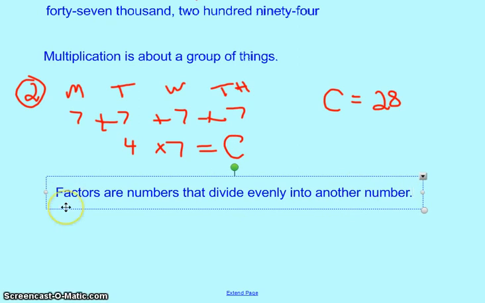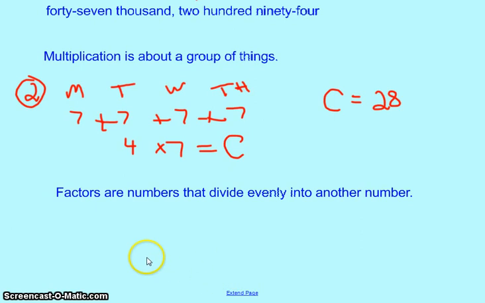Factors are numbers that divide evenly into another number. Okay? For example, if we were trying to find the factors for the number 15, of course we can divide any number by 1, so we know that 1 times 15 is equal to 15.